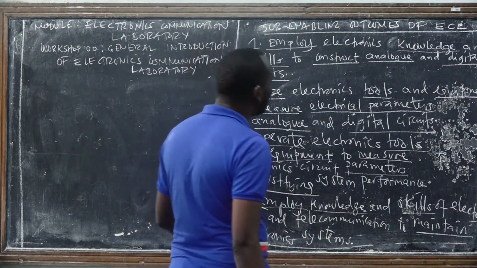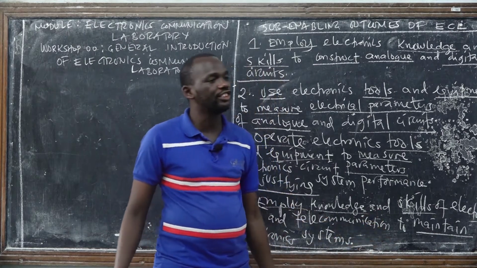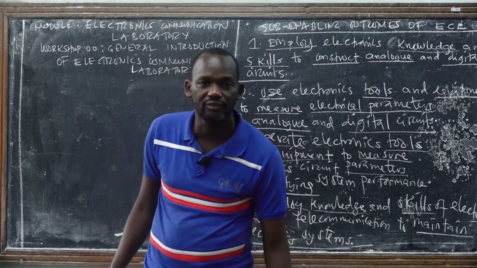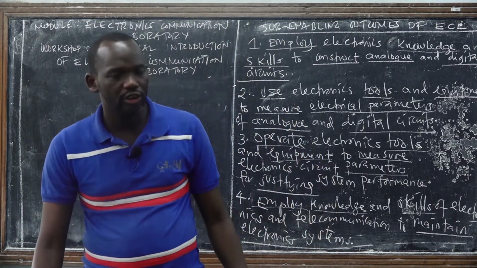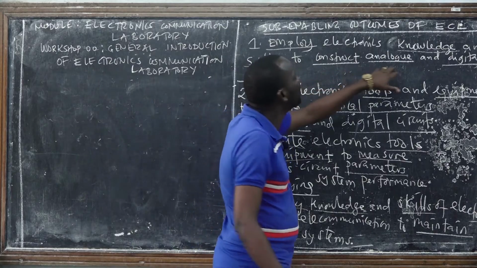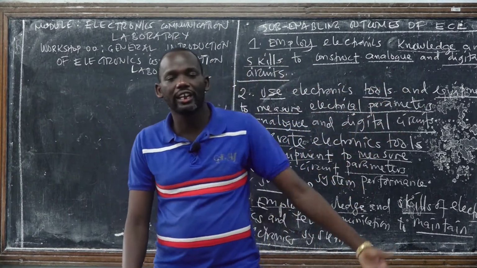So you should not think that these skills can only be acquired when you have maybe a television receiver, or let's say a radio receiver. No. Even the analog and digital circuits that you are going to design often might not work as you expected.